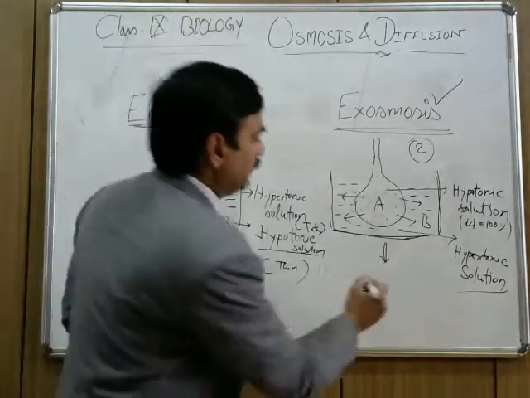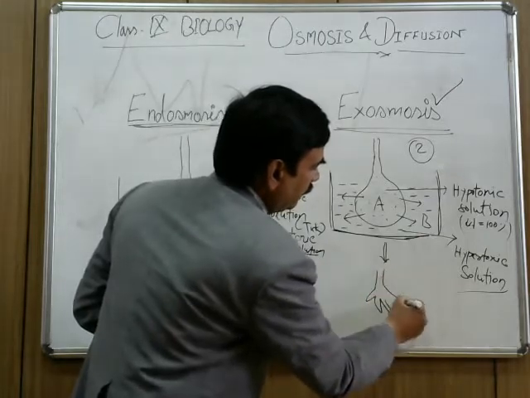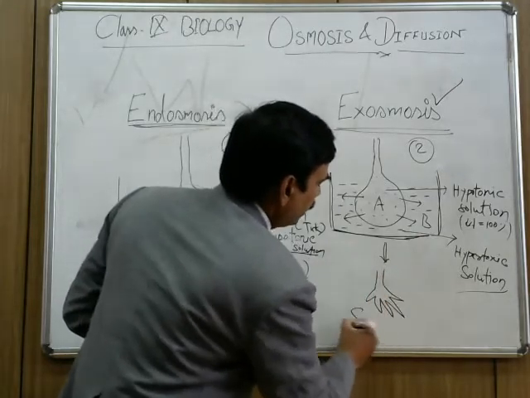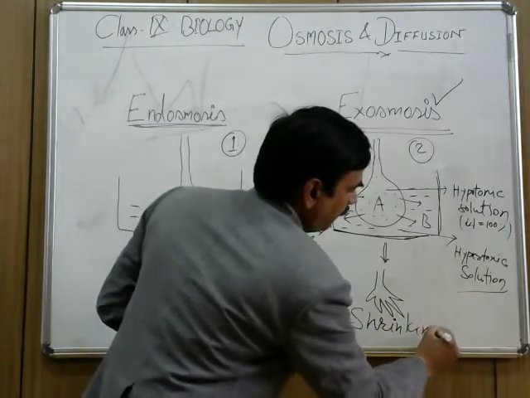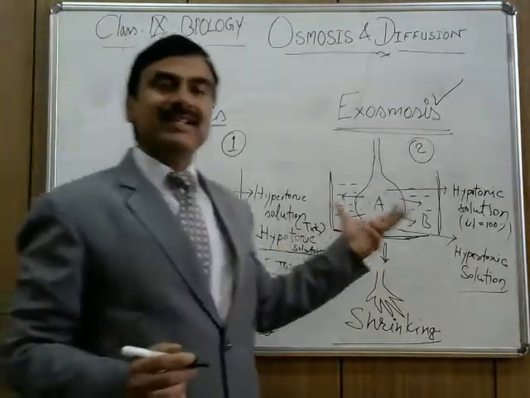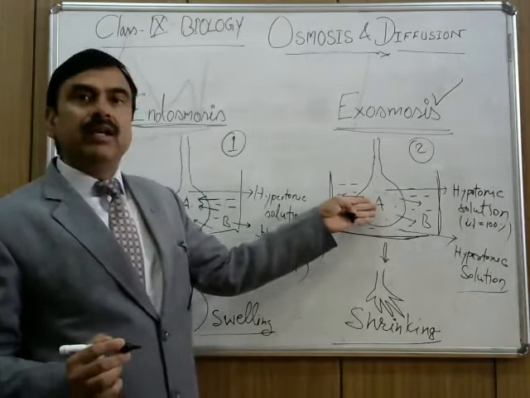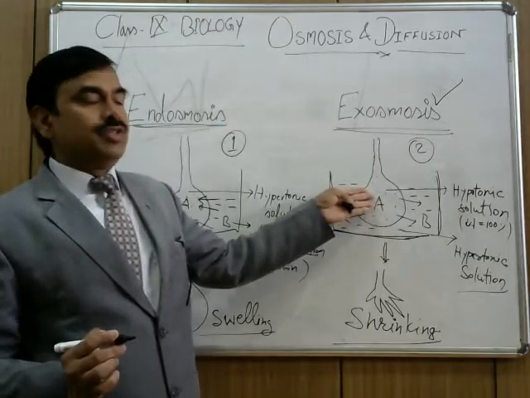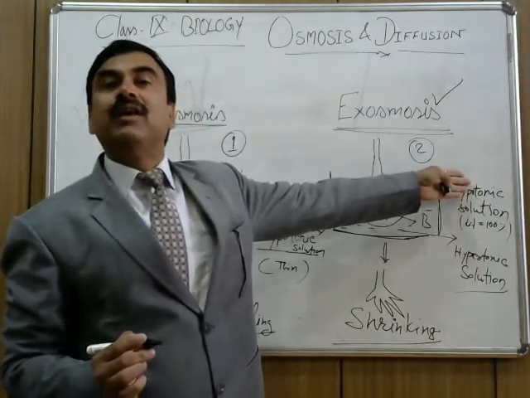Now come to this. Now, shrinking takes place. What will be the result? Through the arrow, you are looking that A tonicity is the hypotonic, having more water.